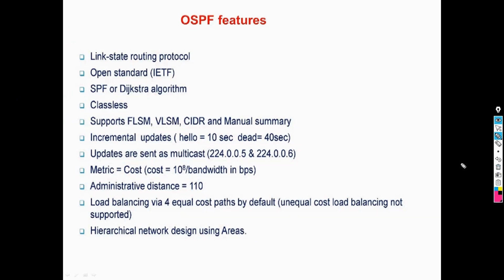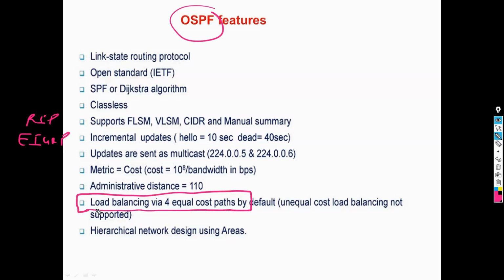Now the RIP protocol, EIGRP protocol, and OSPF protocol all support the equal cost load balancing technique. What is equal cost load balancing? For example, I have an R1 router, R2 router, R3 router, R4 router.